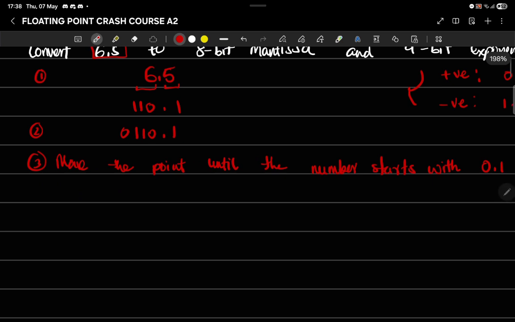Now we have this. If we move the point to the left one place, we'll have 0 1 1.01. That's the first shift.